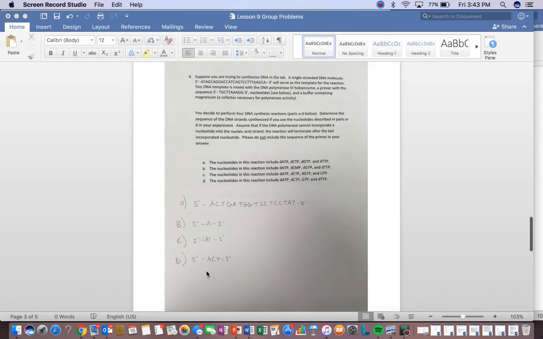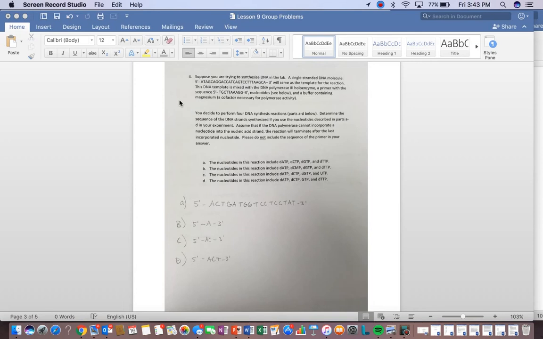Okay, so for question 4, it gives us a sequence of nucleotides. It says suppose you're trying to synthesize DNA in the lab. A single-stranded DNA molecule, such as it shows, will serve as the template for the reaction. This DNA template is mixed with the DNA polymerase 3 holoenzyme, a primer with a sequence such, nucleotides see below, and a buffer containing magnesium, which is a cofactor necessary for the activity.